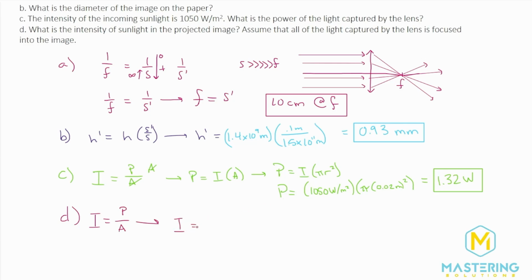So intensity is equal to the power, so the 1.32 watts, divided by the area of a circle, in this case now the image on the paper. So we have pi times the radius, and so 0.93 times 10 to the negative 3 meters is the diameter. So if we divide that by 2, that's the radius for our image on the paper, and we square that.